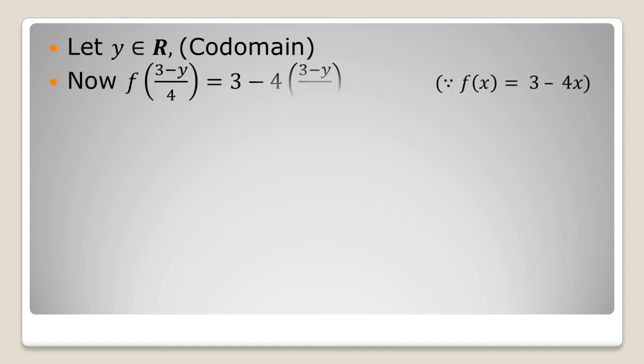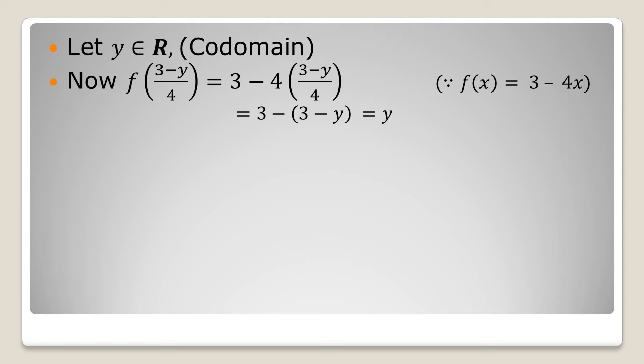Next, for the onto part, consider an element y from the codomain, which is also the set of real numbers. Now you can see, if we put 3 minus y by 4 in place of x in the function, the definition gives us the value y.